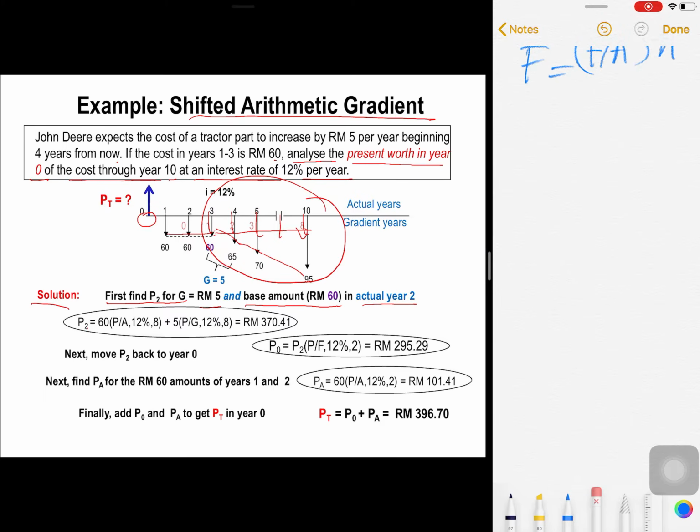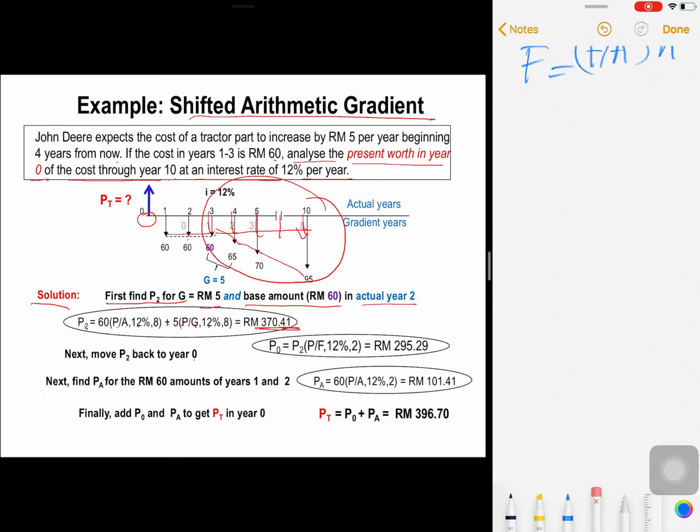P2, it always starts 2 periods ahead. P2 equals 60 (P/A, 12%, N=8) plus 5 (P/G, 12%, N=8), the gradient of 5 ringgit. This equals this amount of money.